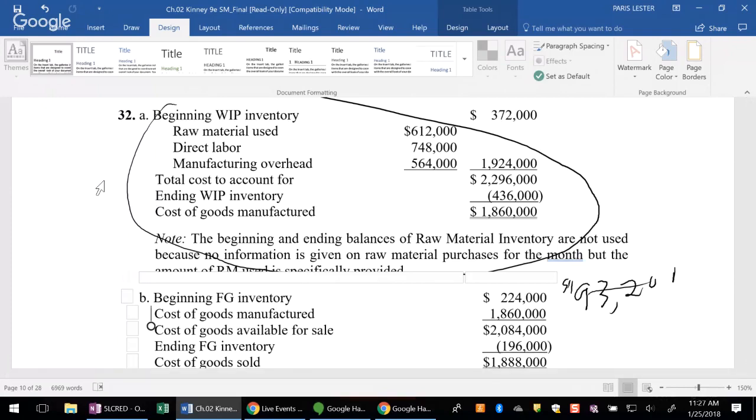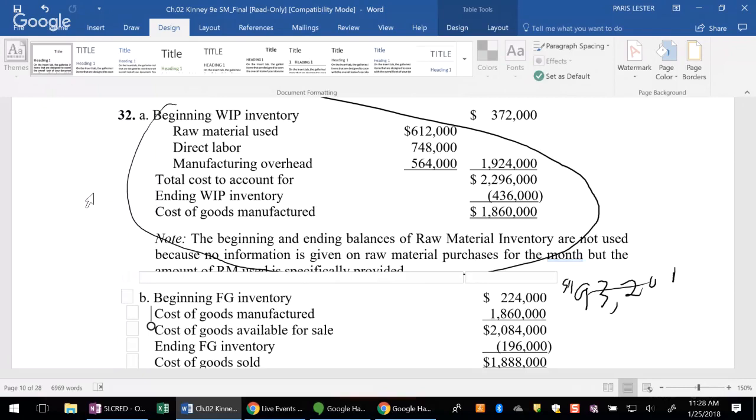I got it different, because I know it gives the materials used, but if we take the purchase amount and do beginning raw materials plus the purchases minus the ending balance of raw materials, we get a different number, so I don't get it. But did you have purchases though? Yeah, exactly. How much was purchases?